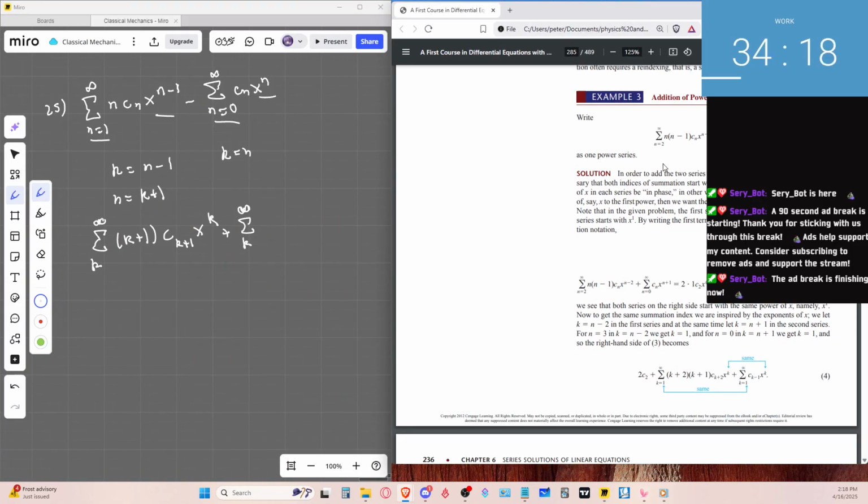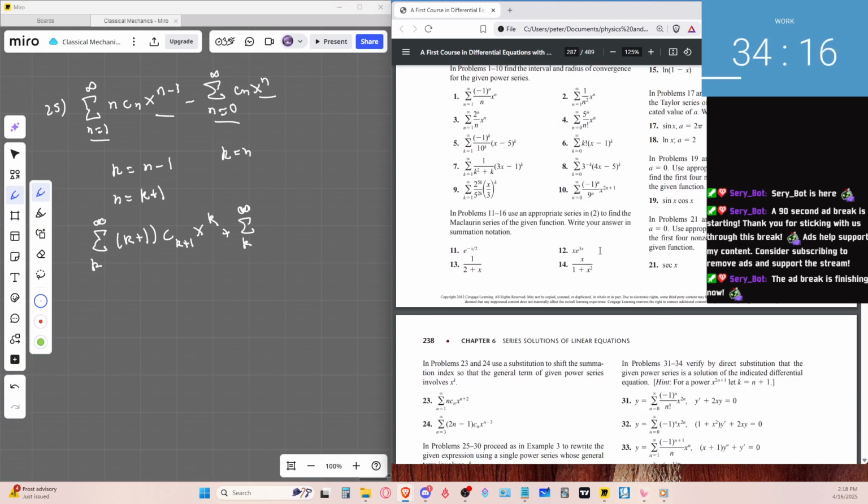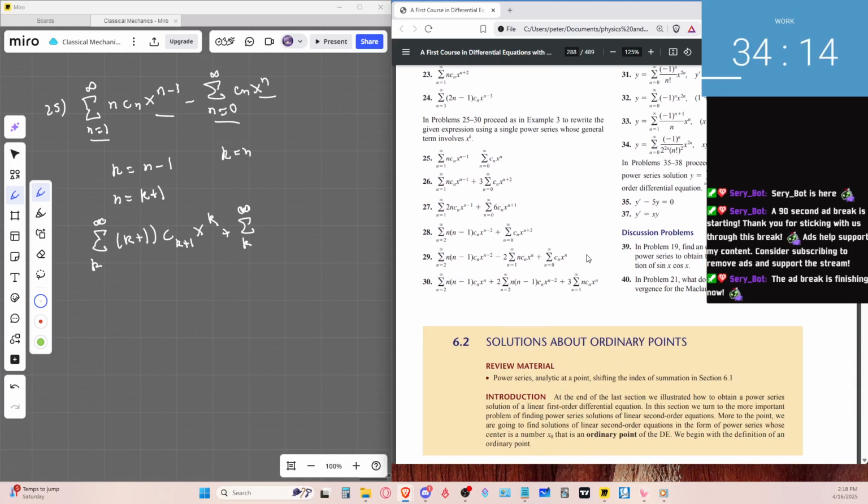For our problem, it started at 1 here, and when n minus 1, that would already make it 0. But it's just the indices are not the same, or at least for the summation, I mean.